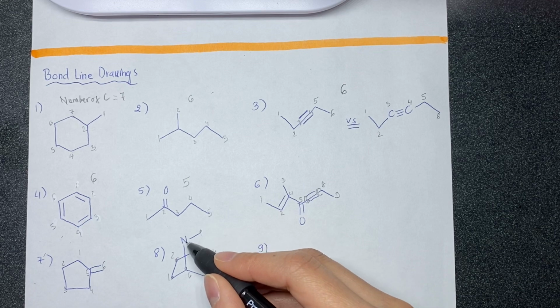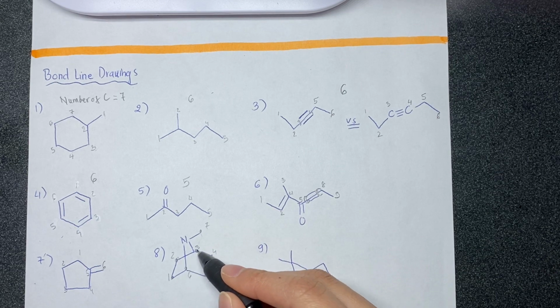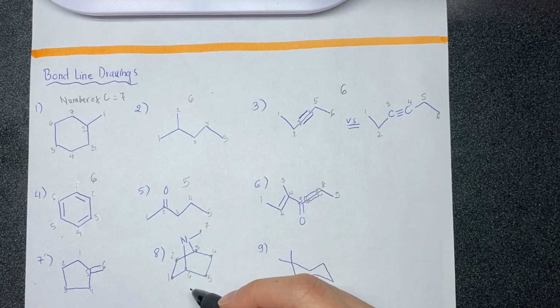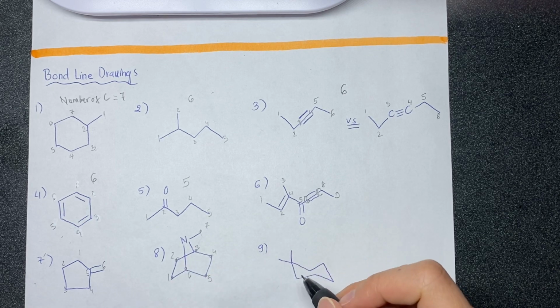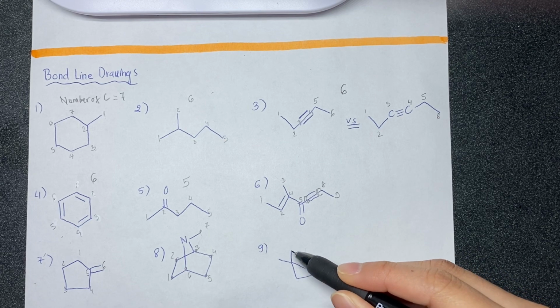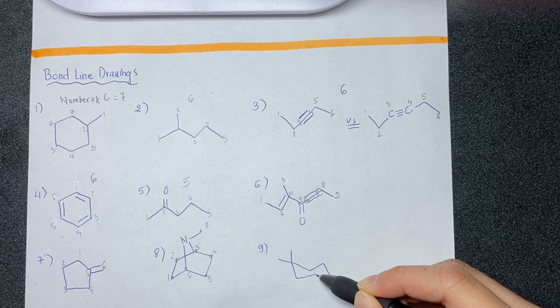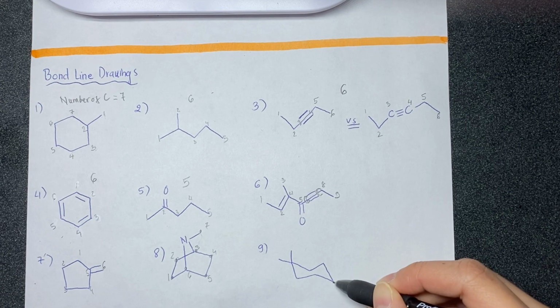That's attached to nitrogen right here. So you have 1, 2, 3, 4, 5, 6, 7, at each endpoint, or you can say corner. And then our last structure, we have 1, 2, 3, 4, 5, 6, 7, 8.